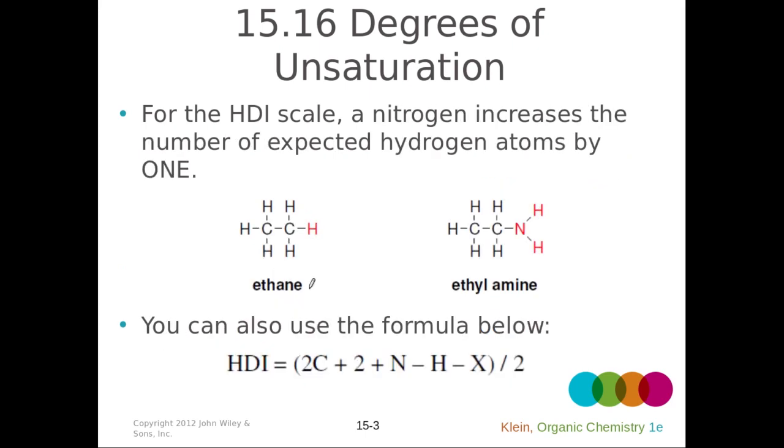But what if we had something like an oxygen in the molecule? Well, oxygen is just going to wedge itself between the carbon and the hydrogen, like in this case. So we don't really have to consider oxygens that are in our molecule. But something like a nitrogen is going to change that just a little bit.